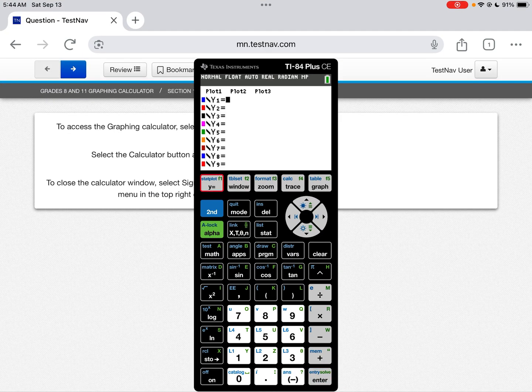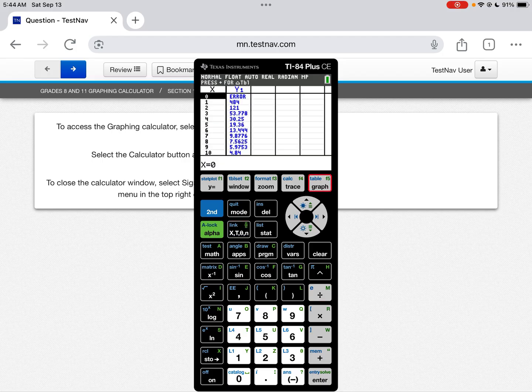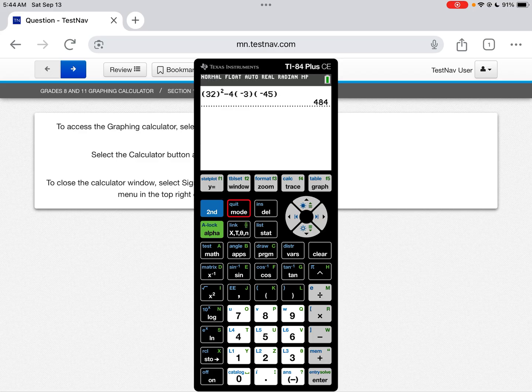I would go y equals 484 divided by x squared, table, and right there we go, 11.4, nope, is there one smaller? Nope, there's no one smaller. Oh, is it perfect? It's perfect. The square root of 484 is 22.